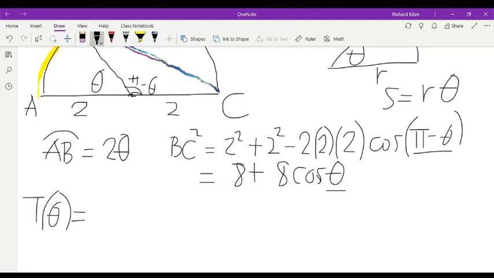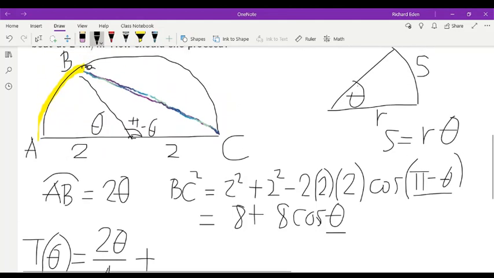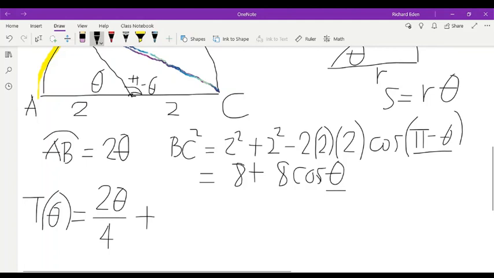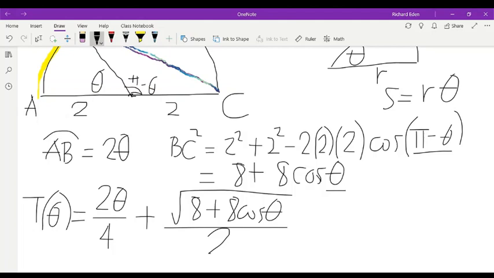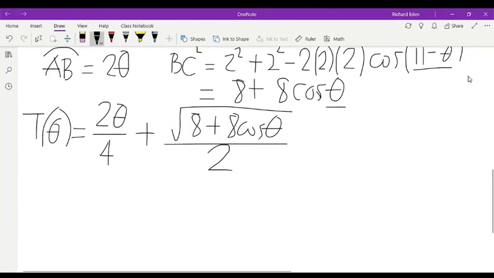For arc AB, that's a distance of 2 theta, and then the rate of walking is 4. Plus, next up, distance BC, so that's the square root of 8 plus 8 cosine theta divided by the rate, which is 2 miles per hour. We can clean this up a bit.